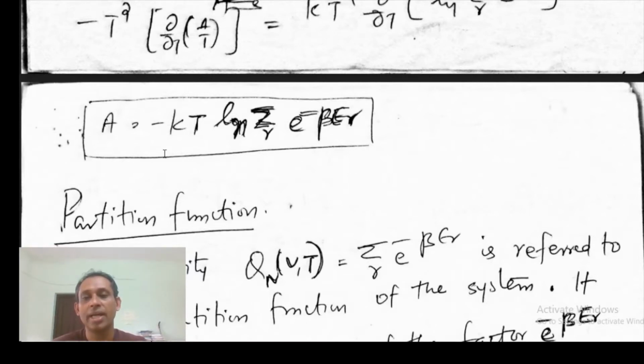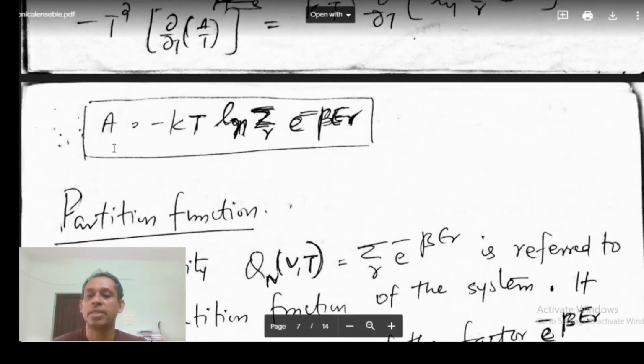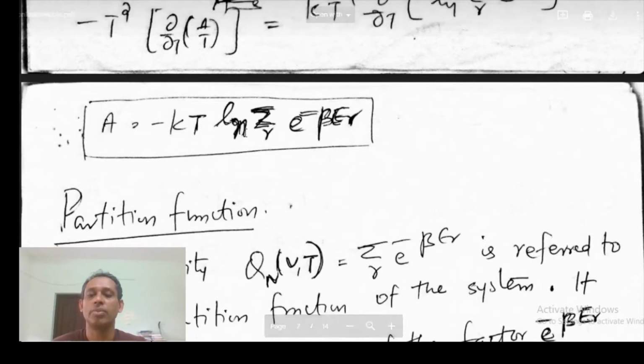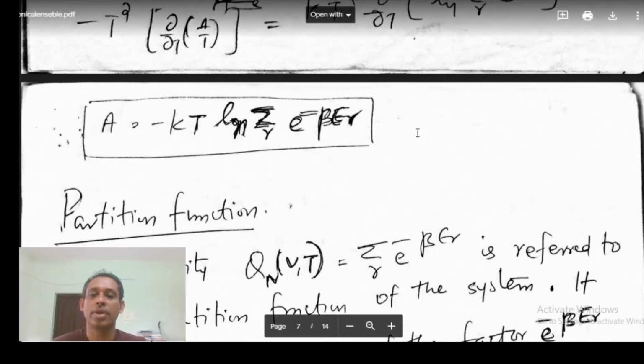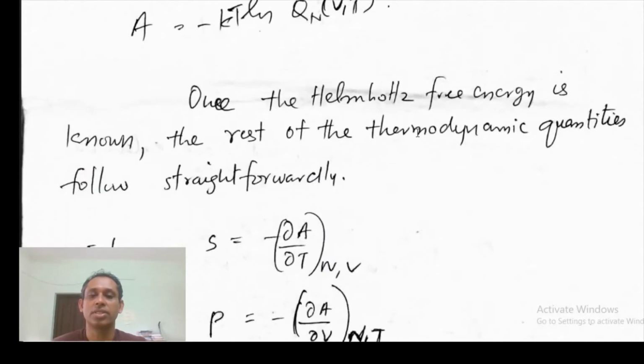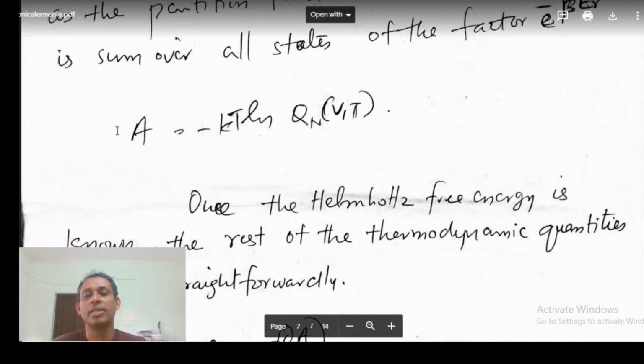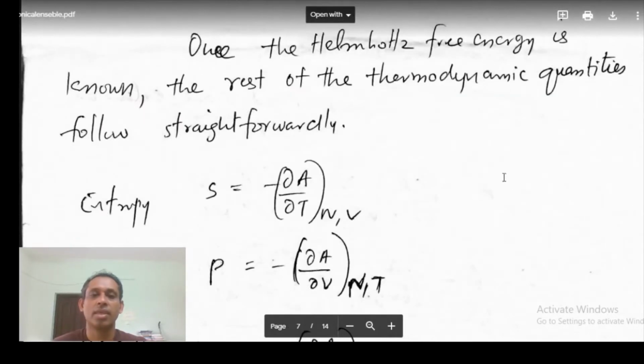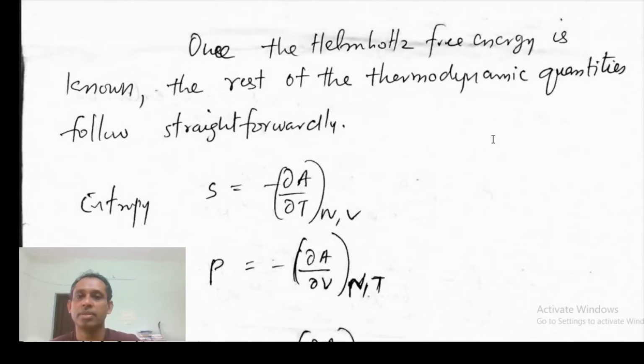From that we determine the Helmholtz free energy, which is A equal to minus kT log of this. So once we have the partition function, we determine the Helmholtz free energy. Then the rest of the thermodynamics follows straightforwardly.